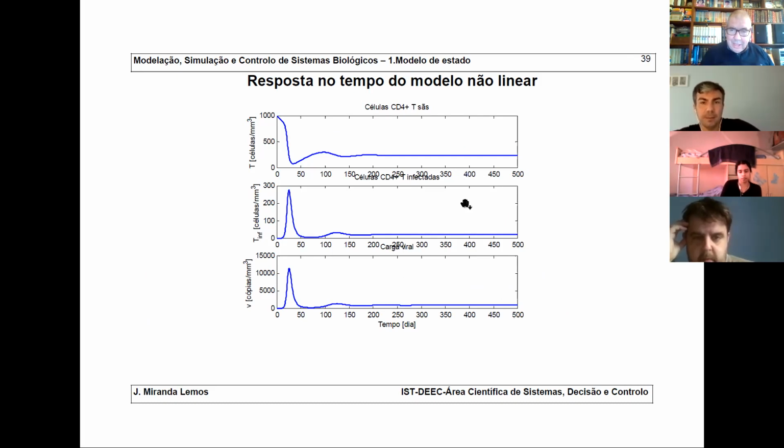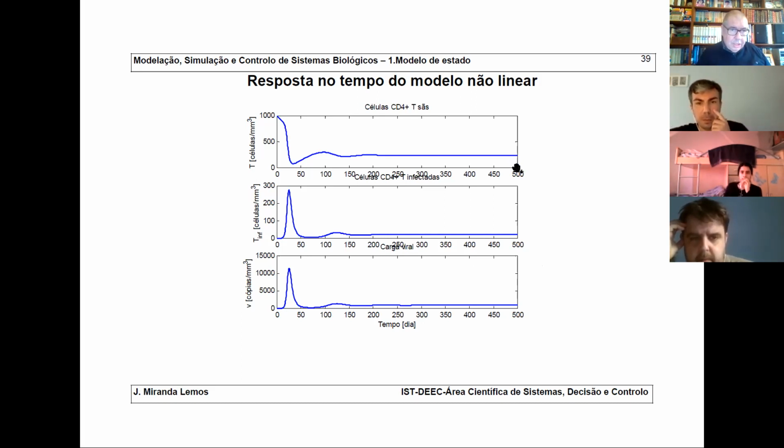What about this other equilibrium? Is it stable or unstable? This is the equilibrium about the number of copies, when you have the infection for a lot of time. So you go to this point.